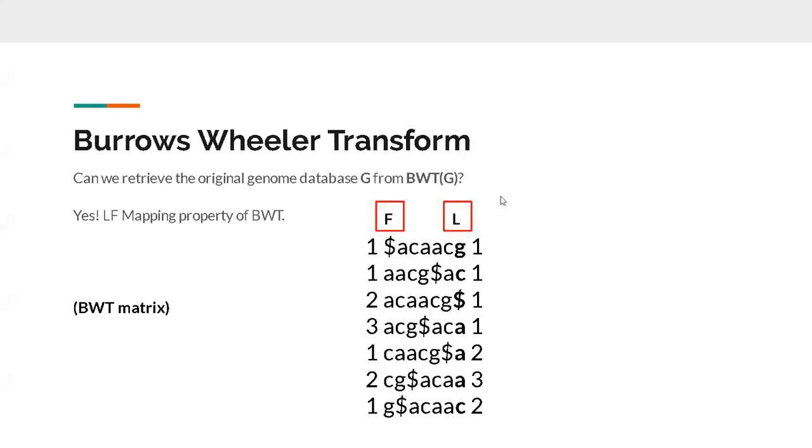Exactly. So that's the thing, right? The reason why we put a dollar sign on a string was to mark the end of the particular string. So that explains why we are putting something like a dollar in doing the Burrows-Wheeler transform. Exactly what you said. That's completely correct. Because of this, we put a dollar, and we know that anything behind a dollar would be the last character of that particular genome.